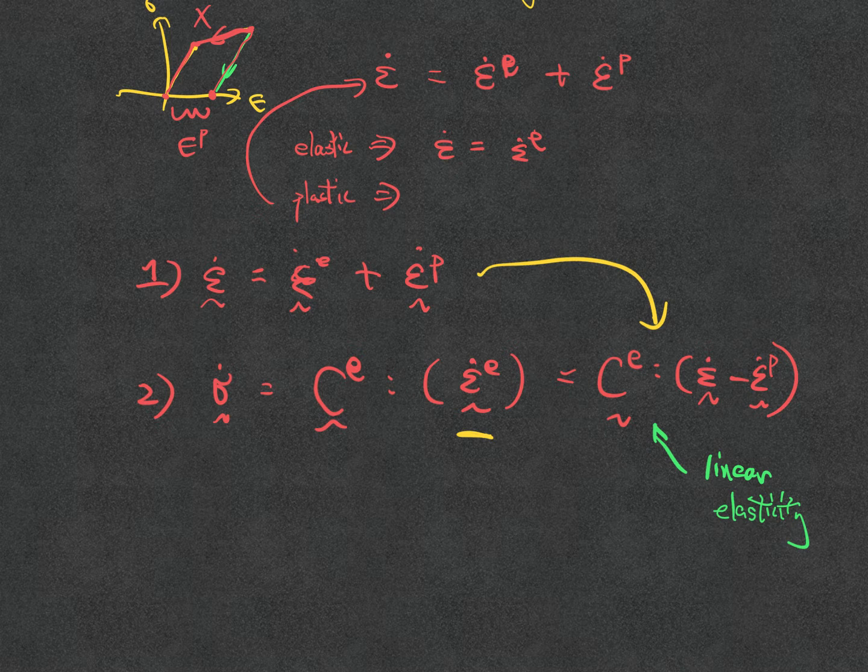So your elastic stored energy is equal to the elastic part of the strain times CE times the elastic strain, divided by 2. So the change of the stress is affected by the plastic deformations, but you only accumulate more stress from changing the elastic part of the strain.